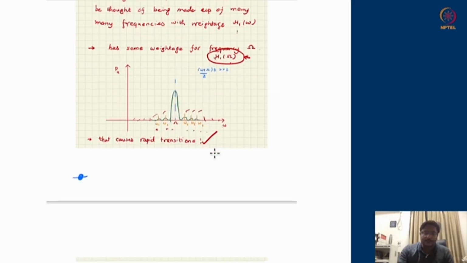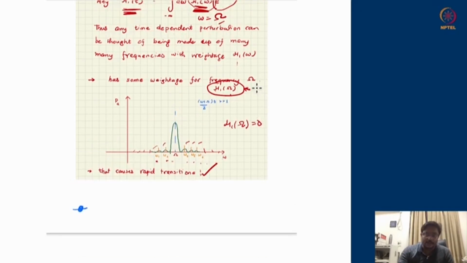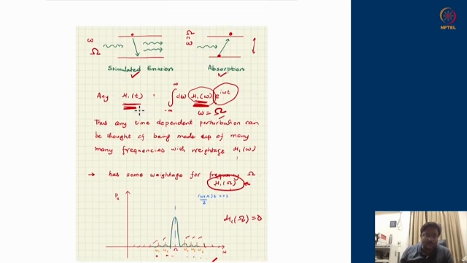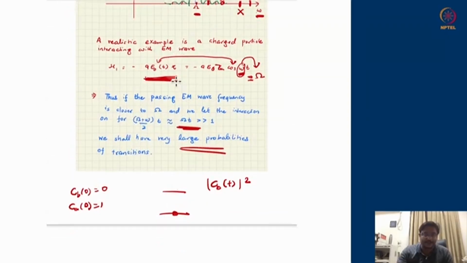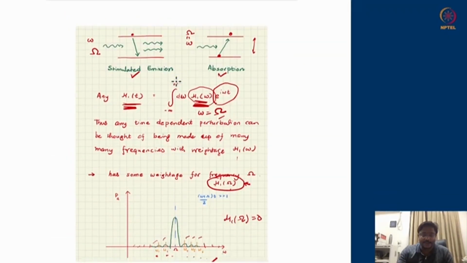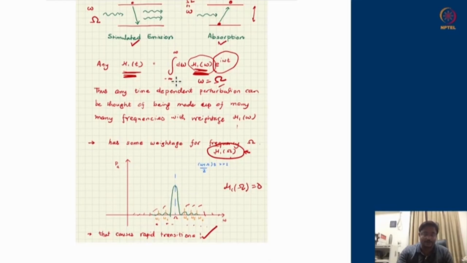All right, so that tells me, suppose h1 of omega is 0, and suppose for a more general case, I do not apply any time dependent Hamiltonian, so then h1 of t is 0. If h1 of t is 0, all these matrix elements will also be 0, which we just derived, and therefore all transition probabilities will go to 0.